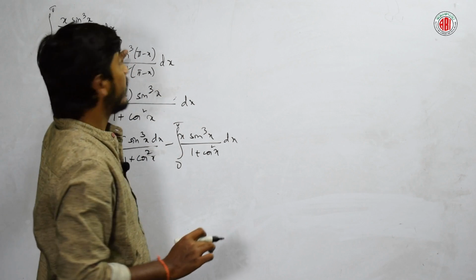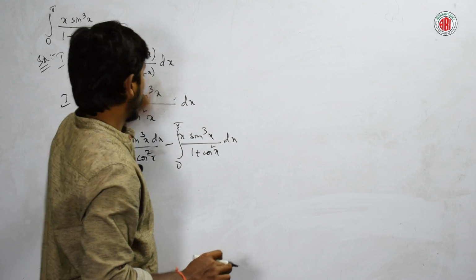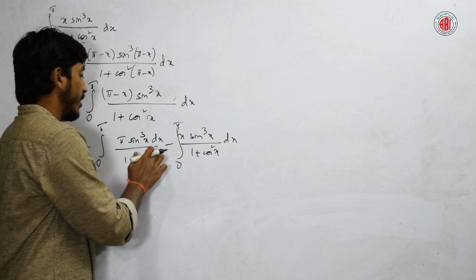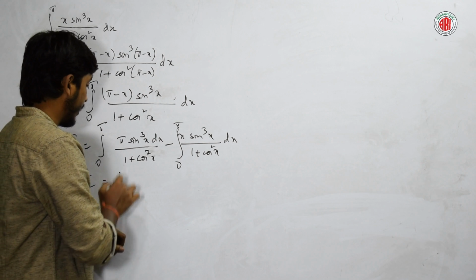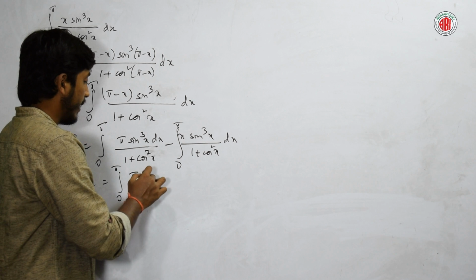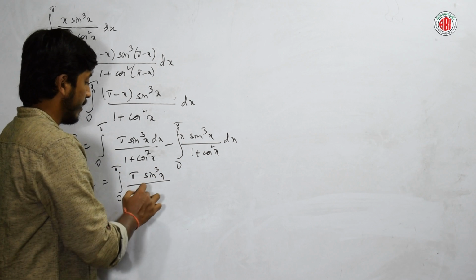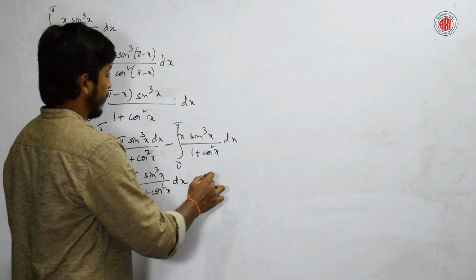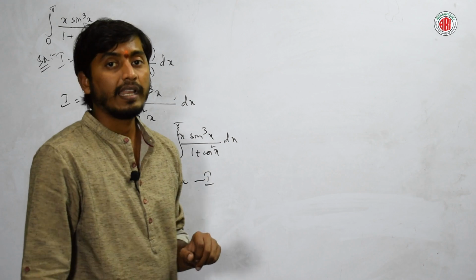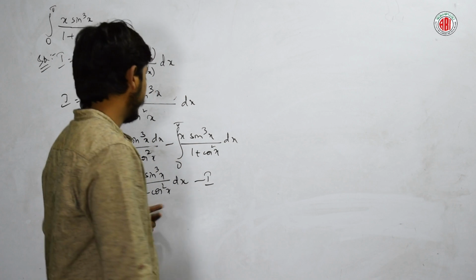What is this second term? This is I. So, I is equal to integral 0 to pi sin cube x by 1 plus cos square x dx minus I. Clear?